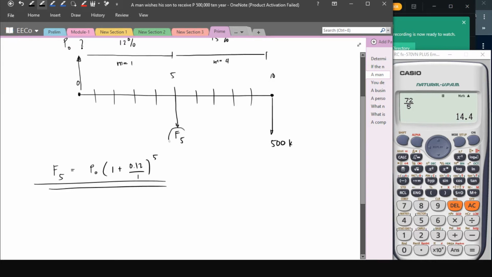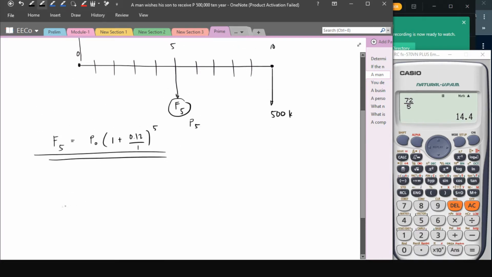Yung 5th year mo dito, that will become the P at 5. Yan yung present worth niya at 5th year. Para makuha mo yung future worth at the 10th year. So, future worth at the 10th year is equal to F5 multiplied to 1 plus 0.15 compounded quarterly raised to 4 times 5th year pa rin.